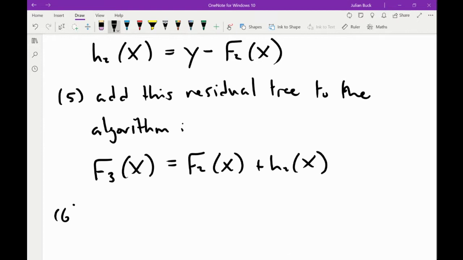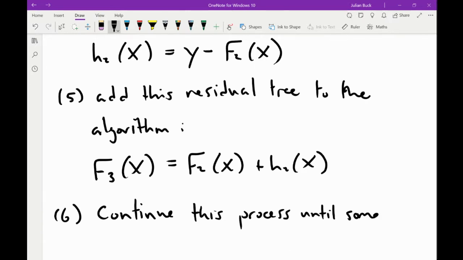So continue this process until some stopping point is reached.